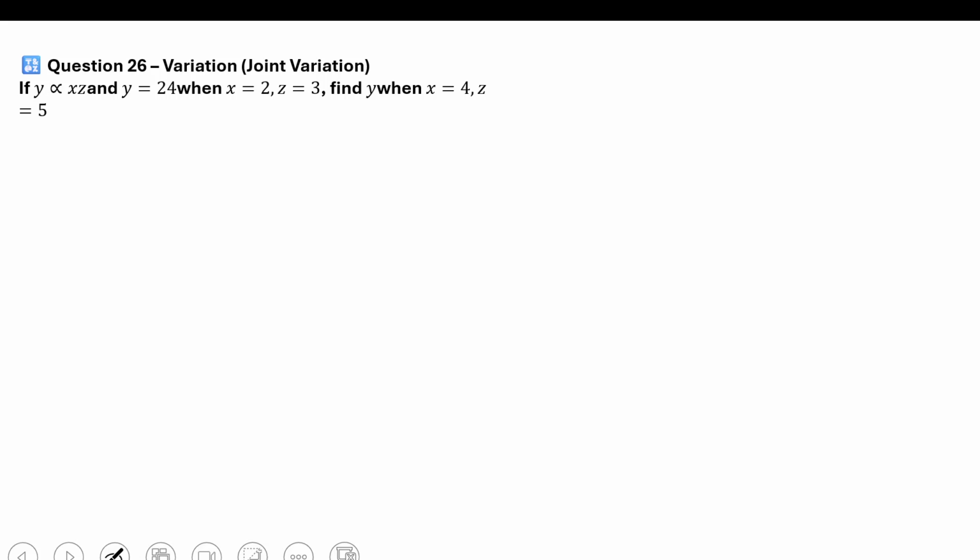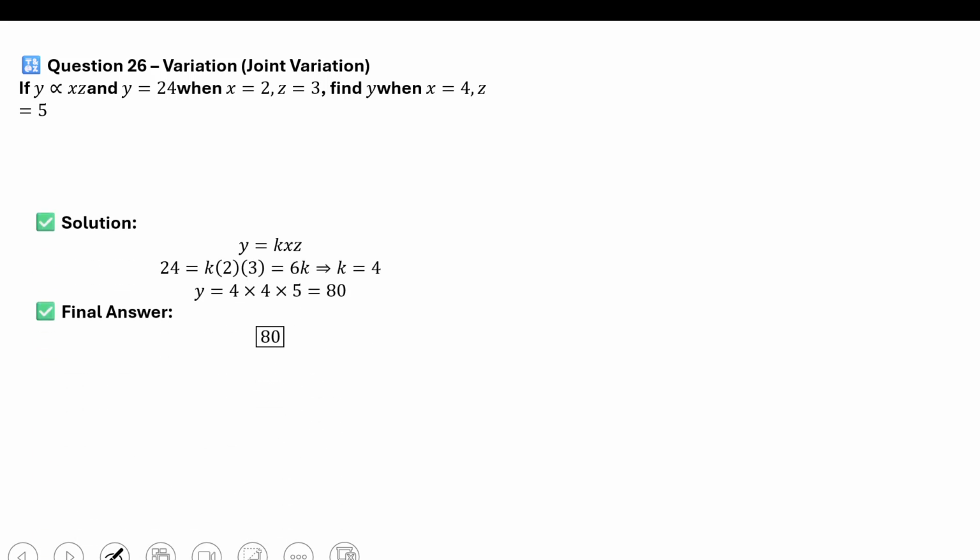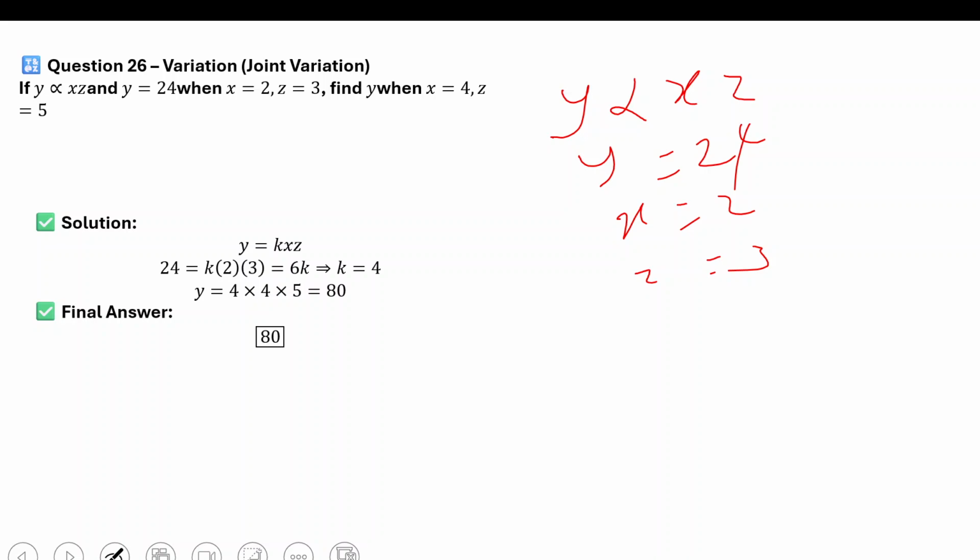So this is what they call joint variation. So if you have y proportional to the product of x and z, and y is equal to 24 when x is 2 and z is 3, you can find what k is.